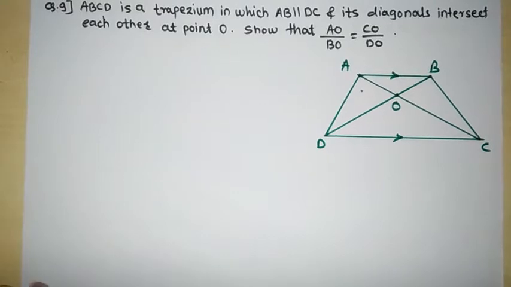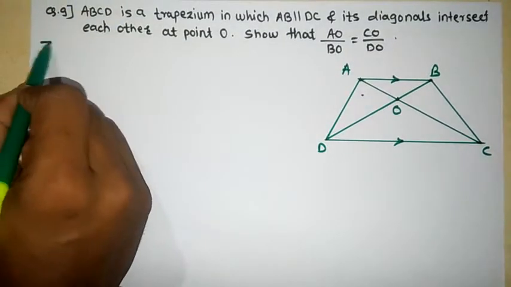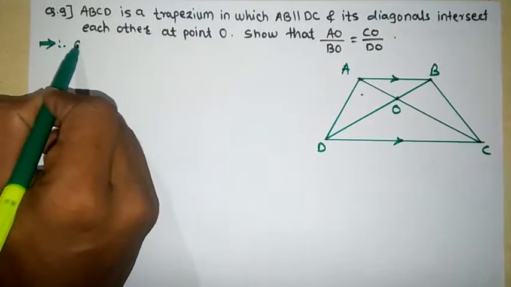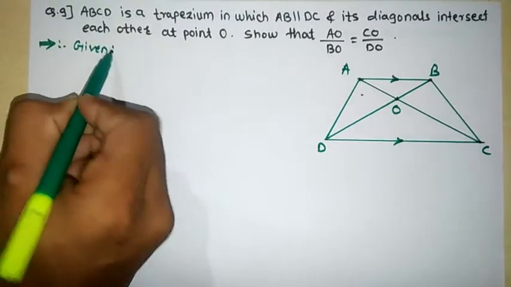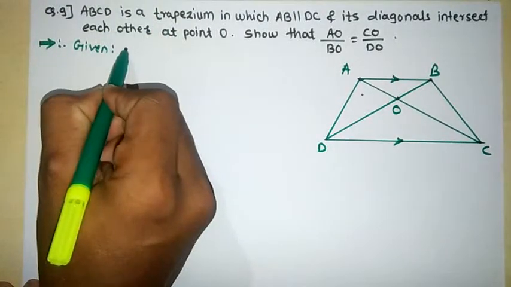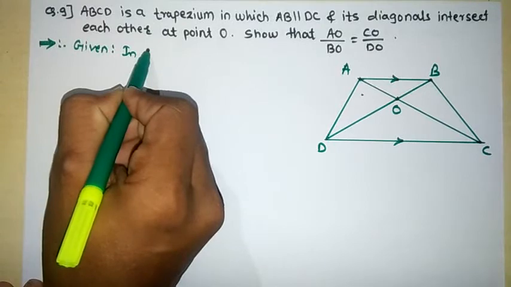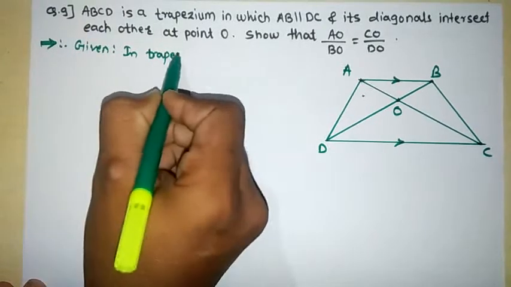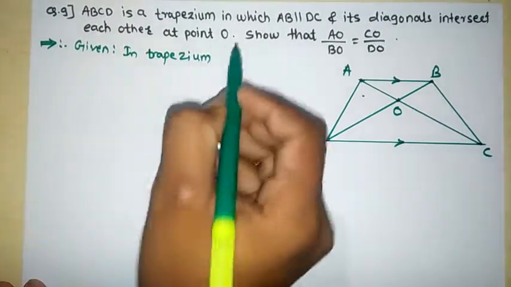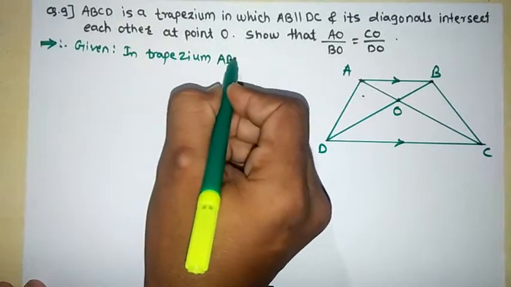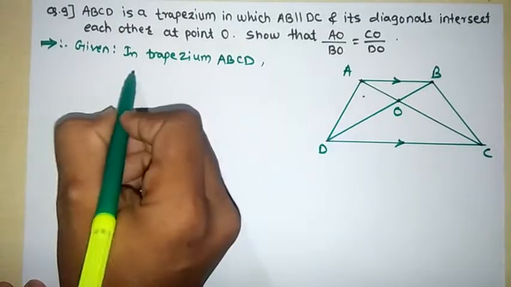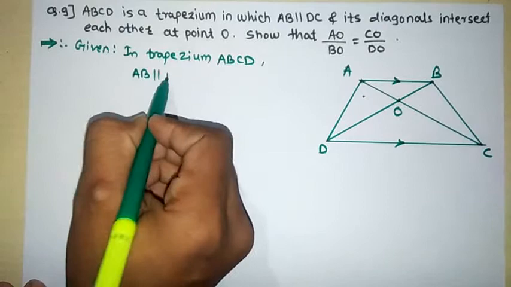First I will write the given data. Given in trapezium ABCD, AB is parallel to DC.